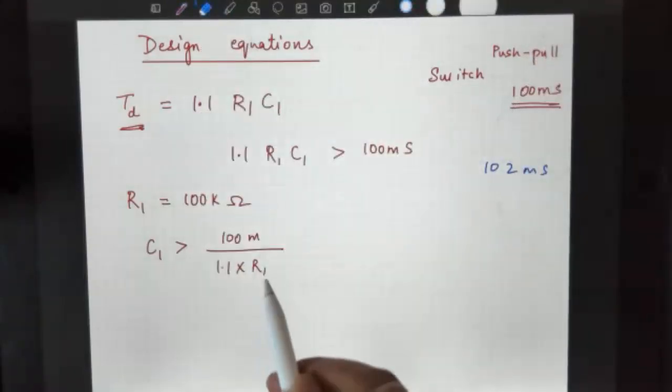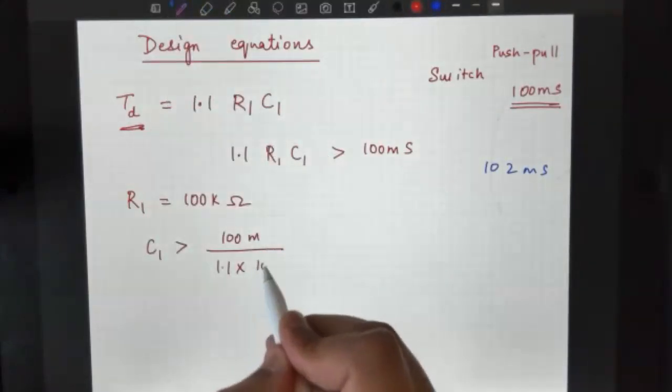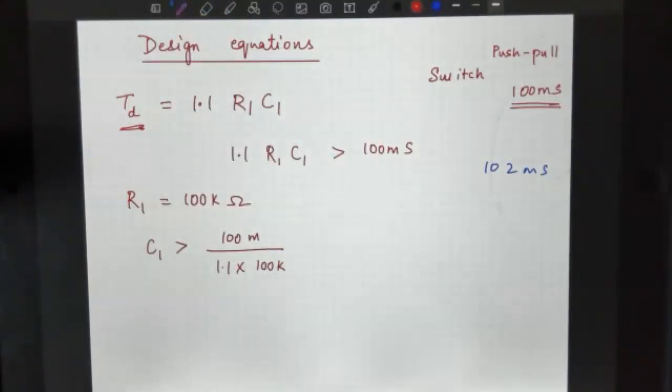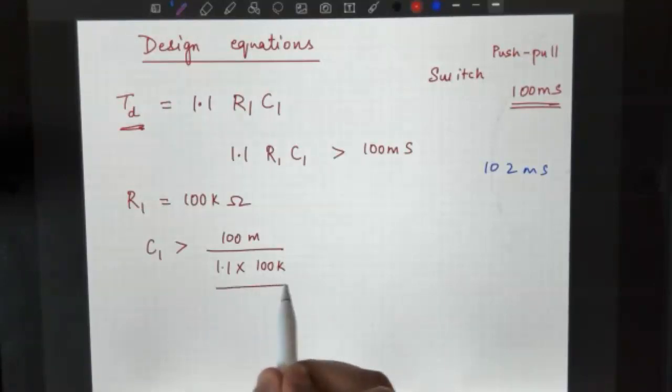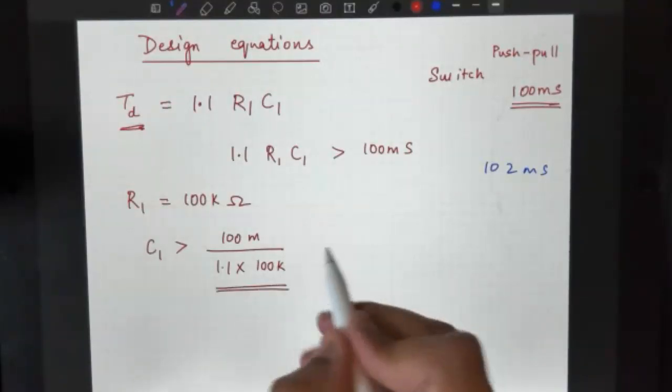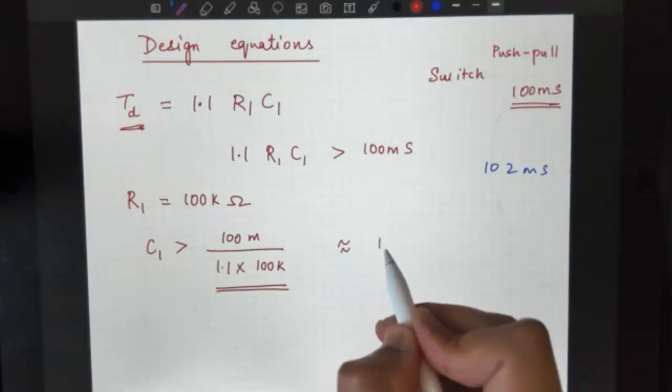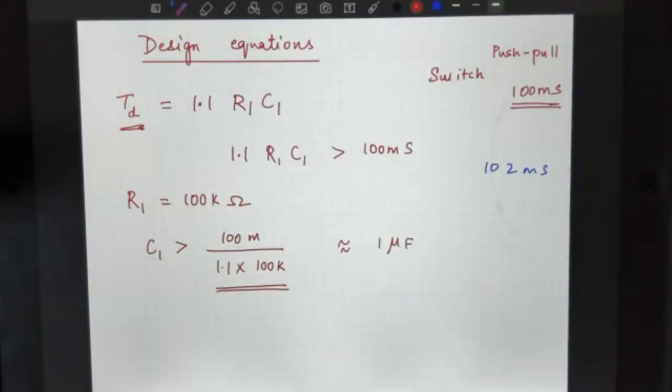If you work that value out, it is going to be very close to 1 microfarad, and that's your C1.